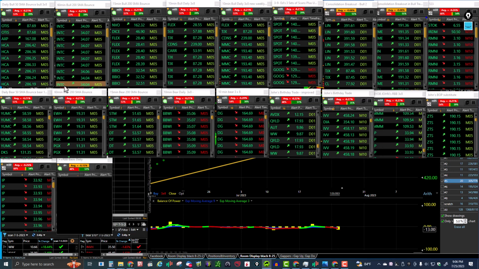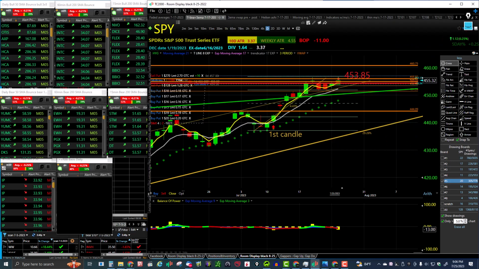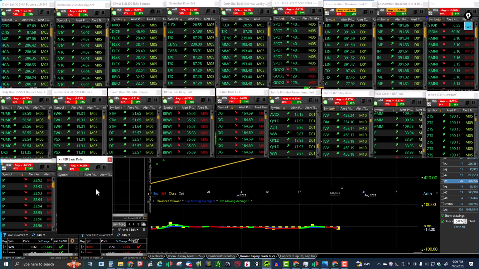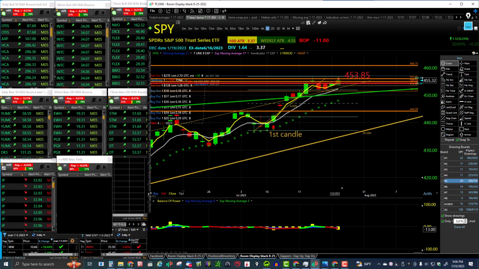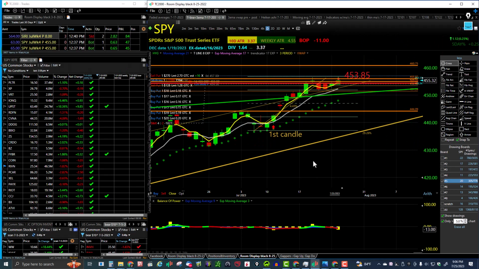All day long, from before the market opens until after it closes, it's just handing me trades left and right. So I never have to worry about shutting down a trade for fear that I won't have another trade. There's always a trade out there for me with that LTA scanner. I never run out of trades.